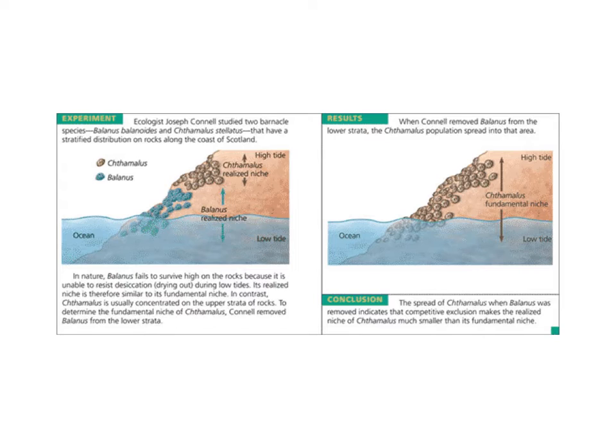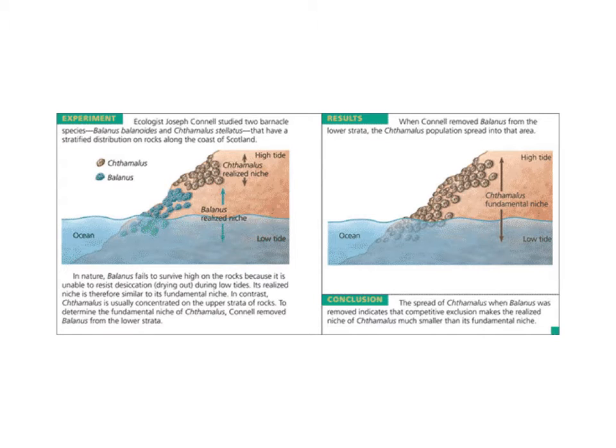What he found was that over time, Chthamalus, without having to compete with Balanus, occupied those territories that had been vacated by that other barnacle species. So the picture on the left is an illustration of the realized niche of Chthamalus, that brown barnacle species. What we see when we remove a competitor is that Chthamalus is able to move from its realized niche to its fundamental niche, right?